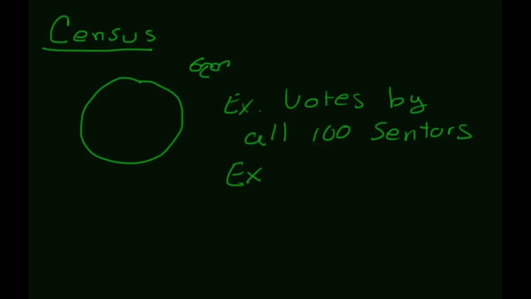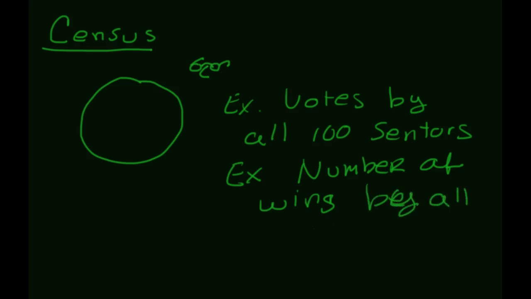Another example could be the number of wins or victories by all 30 Major League Baseball teams. So if I made a list of how many wins each team had for all 30 teams, then I would have a census. So there's a couple things to remember here.